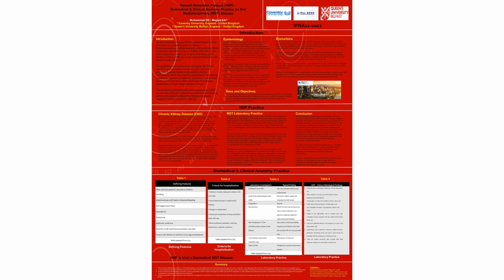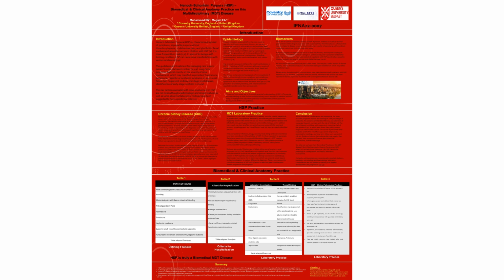Henoch-Schönlein Purpura: Biomedical and Clinical Anatomy Practice on this Multidisciplinary Disease was accepted for poster presentation at the International Pediatric Nephrology Association conference in 2022. Overall, I could say that HSP is truly a multidisciplinary disease.